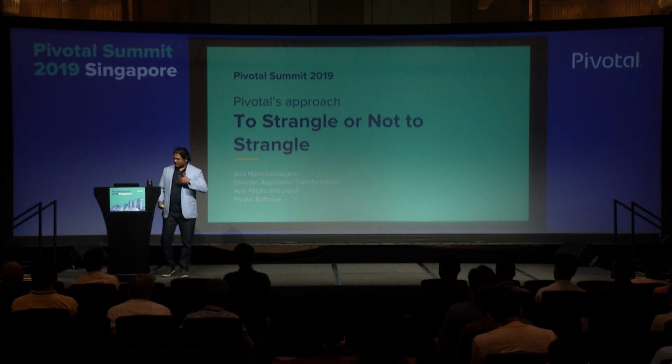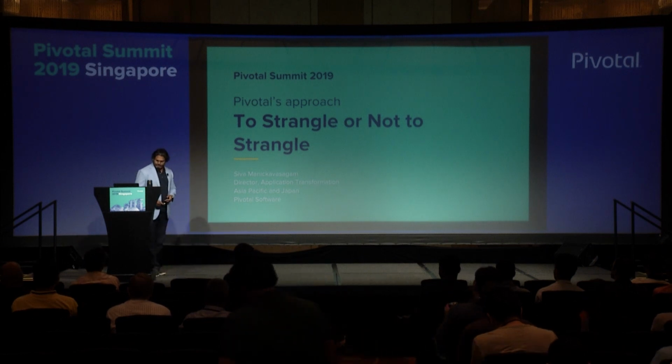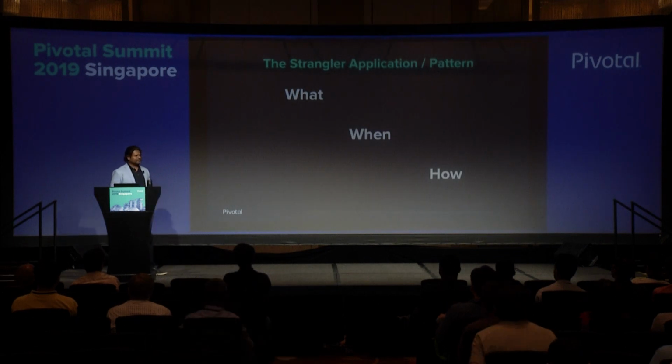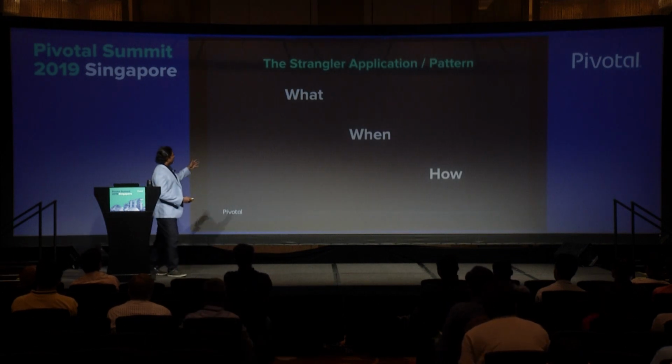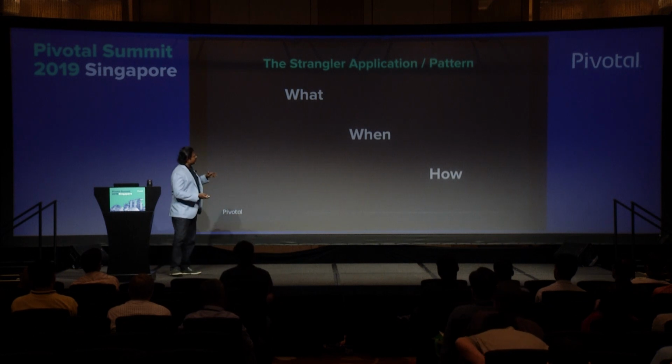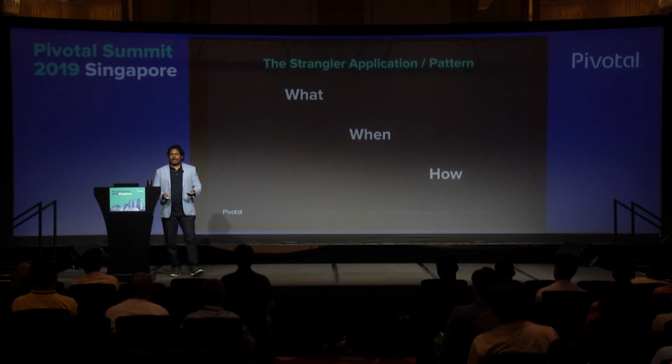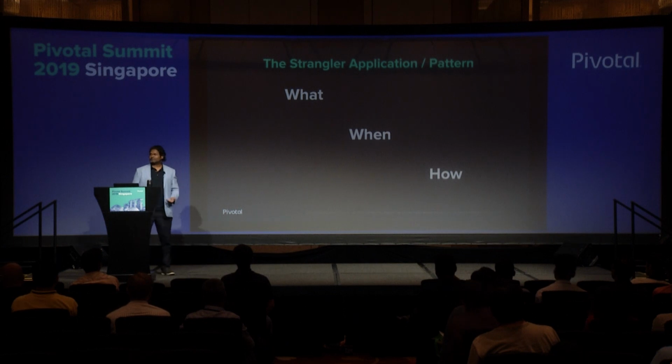That's the background we come from. Today I want to talk about what the Strangler Fig application, or pattern, is, when it could be used, and if you choose to use it, how it can be done. What is the best way to go about executing it?